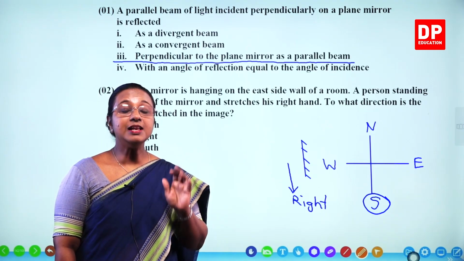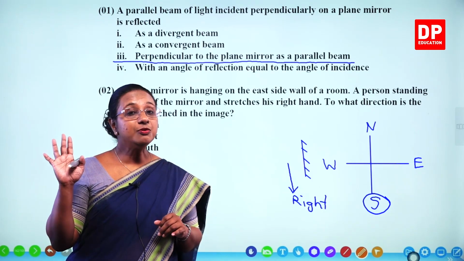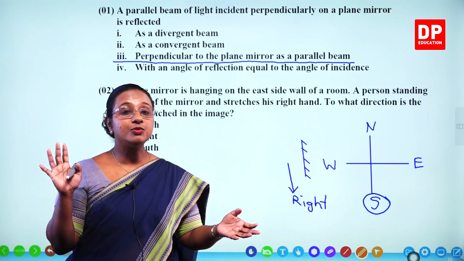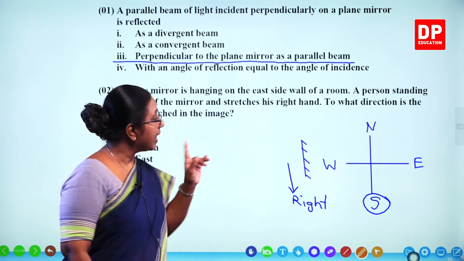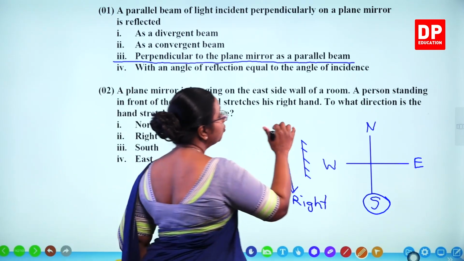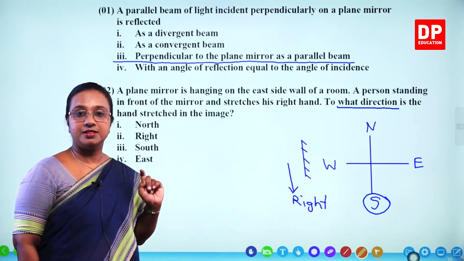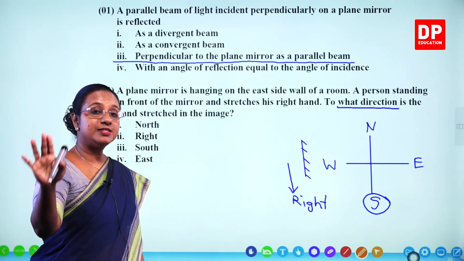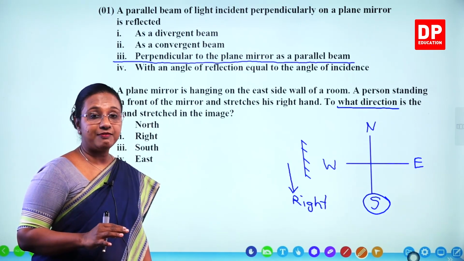It's lateral inverted. What is lateral inverted? When you raise your right hand, it looks as if the image raises the left hand. But here, look at the question carefully. To what direction is the hand stretched in the image? So, I stretch my right hand, the image stretches the left hand.